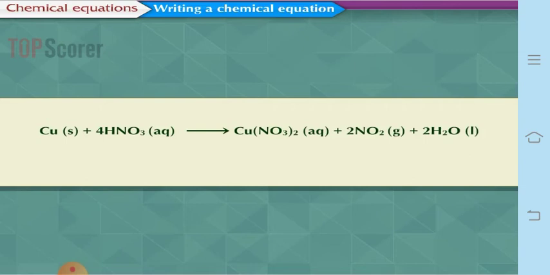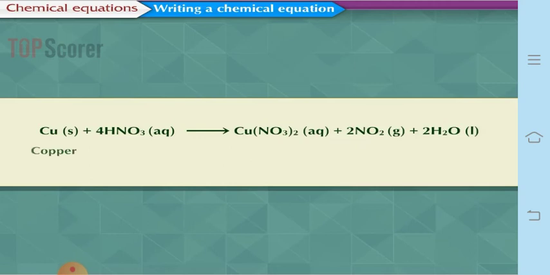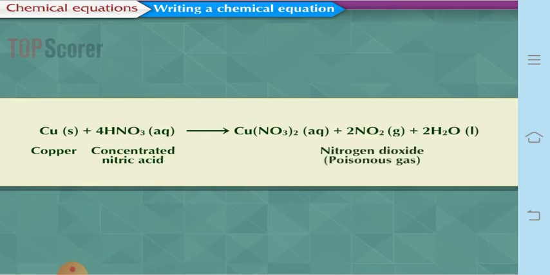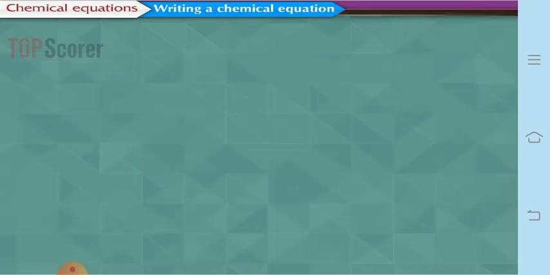Then next, if we have to write special information or names of the reactants, they will be written below the chemical formula by writing their chemical names. Copper with concentrated nitric acid reacts to give the poisonous gas nitrogen dioxide, whereas if we use dilute nitric acid instead of concentrated nitric acid, then nitric oxide is formed.